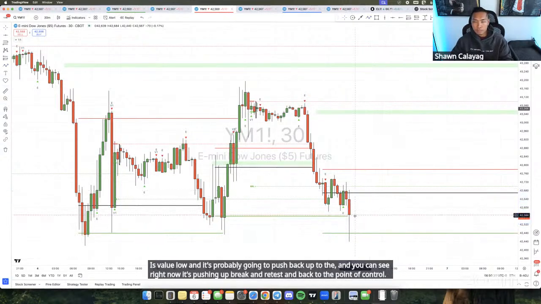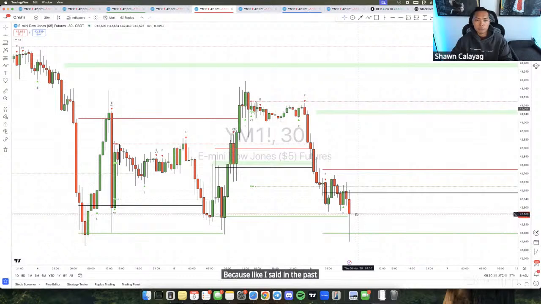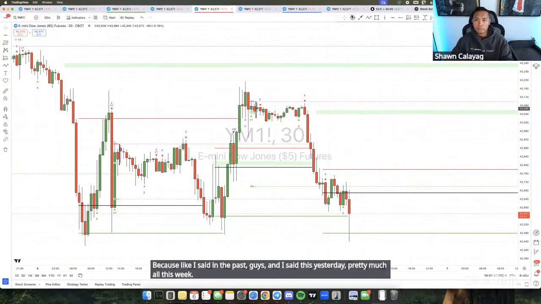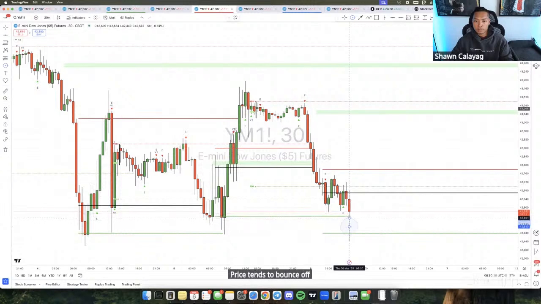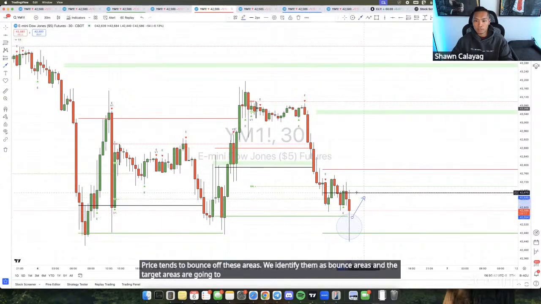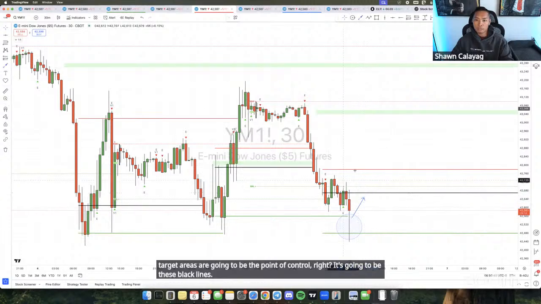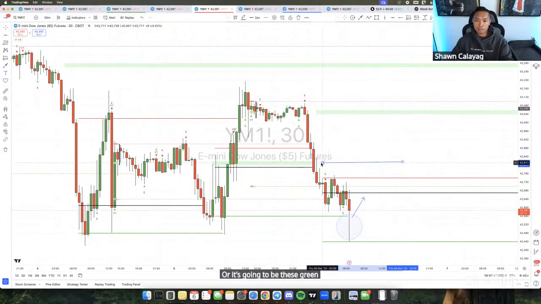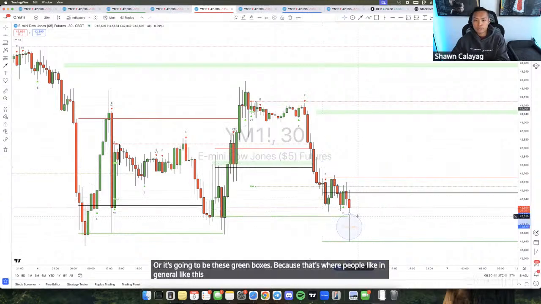Because like I said in the past, guys, and I said this yesterday and pretty much all this week, price tends to bounce off these areas. We identify them as bounce areas, and the target areas are going to be the point of control, right? It's going to be these black lines, or these green boxes. Because this is where the market is identifying fair value.